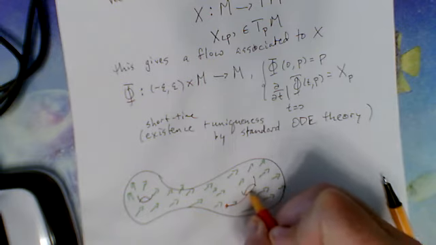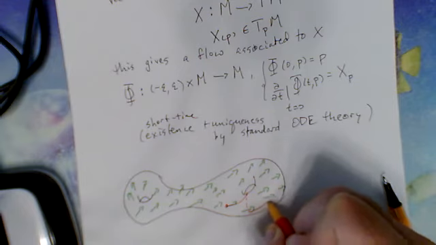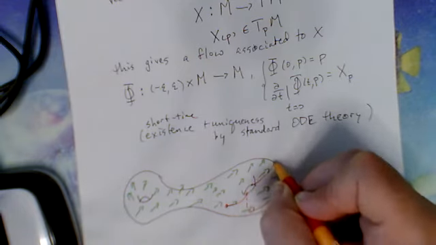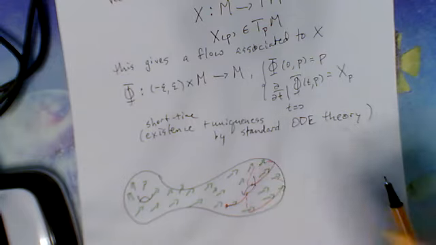So maybe my flow is going to loop around like that, and so on.